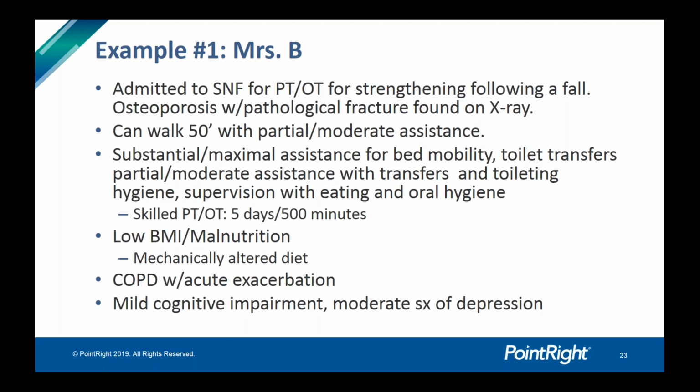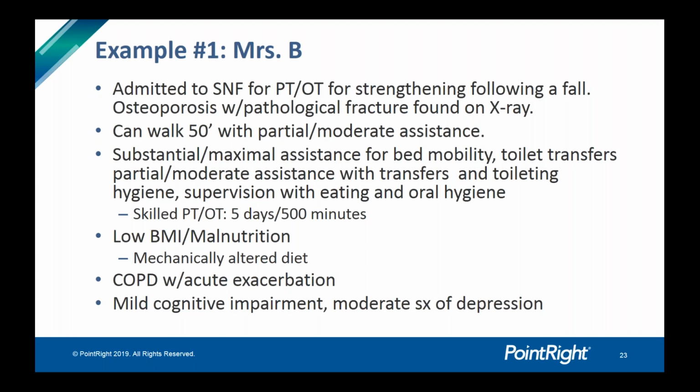She can walk 50 feet with partial or moderate assistance, and she needs a lot of assistance with bed mobility. She's got limited mobility because of the osteoporosis and pain from the fractures. But once she is sitting up, she's able to transfer with partial or moderate assistance. She can bear weight. And she needs a little supervision with eating and oral hygiene because she's got very little stamina.